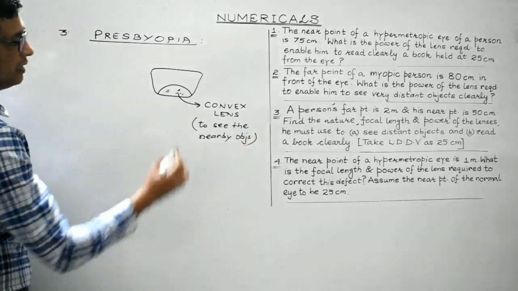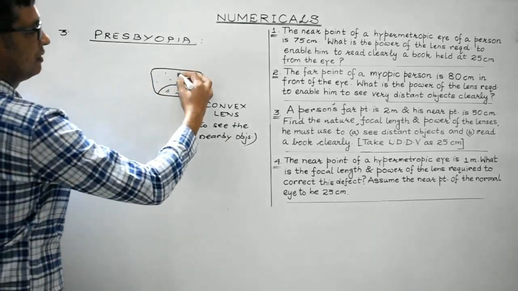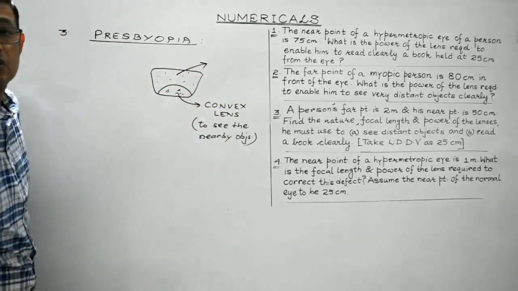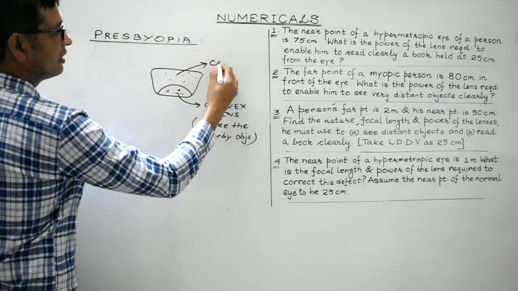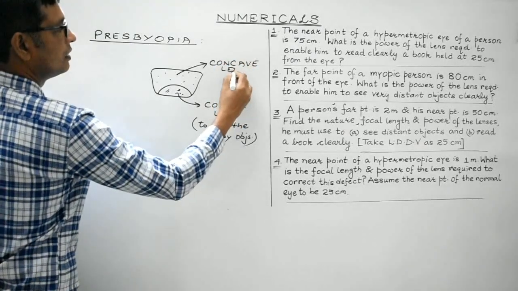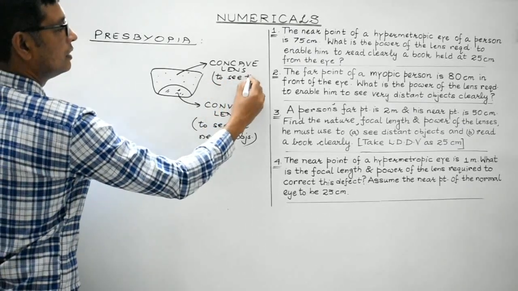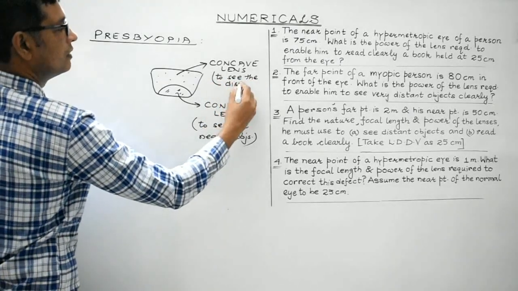While on the other hand, the upper part of the spectacle is of diverging lens. That is, it must be of concave lens, and it is used to see the distant objects clearly.